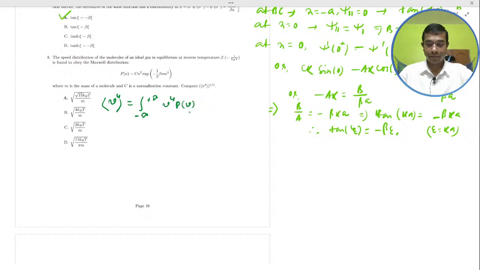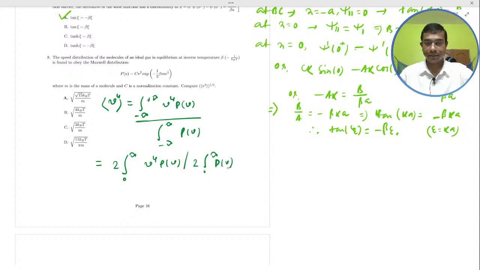Basically the average, divided by the integral from minus infinity to infinity of P(v). Just do the integration: the integral part to integration 0 to infinity v to the power 4 P(v), divided by integral 0 to infinity P(v).